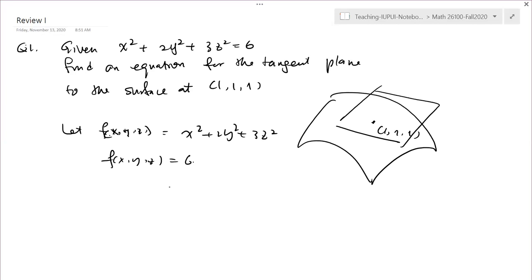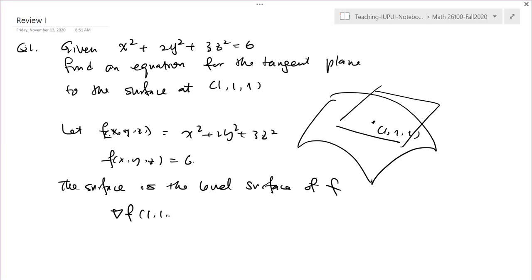The surface determined by this equation is a level surface of this function. So the gradient of f at that point is going to be the normal vector.